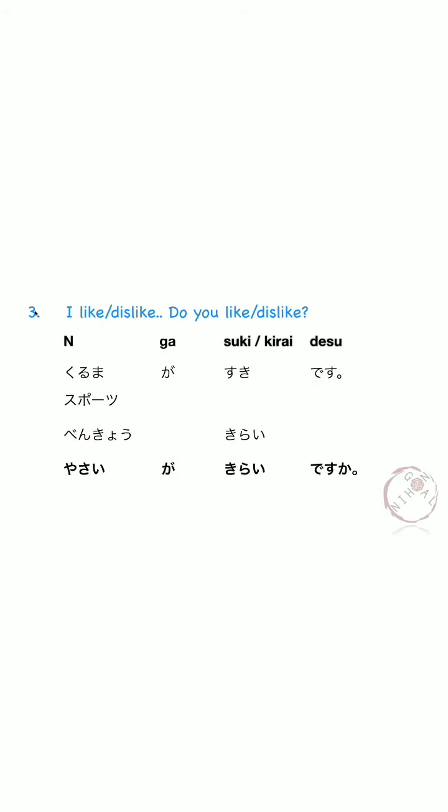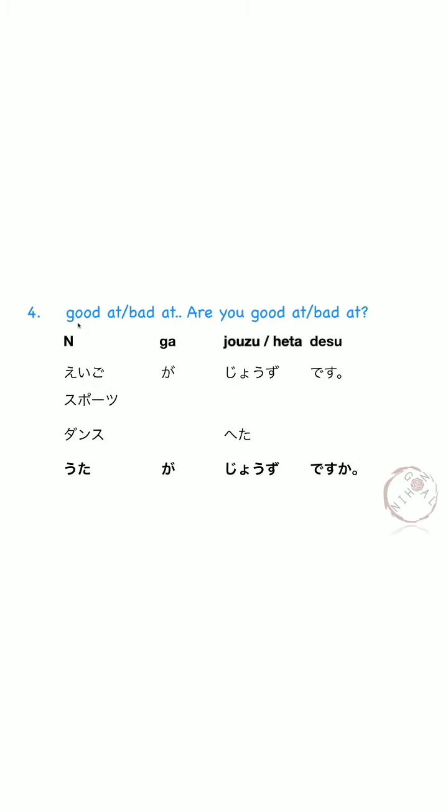Next is how to express likes and dislikes or to ask the question, do you like or dislike something? N が好き、嫌いです。For example, 車が好きです。I like cars. スポーツが好きです。勉強が嫌いです。And to ask the question, 野菜が嫌いですか? We also learned how to express being good at or bad at something or asking the question, are you good at or bad at something?